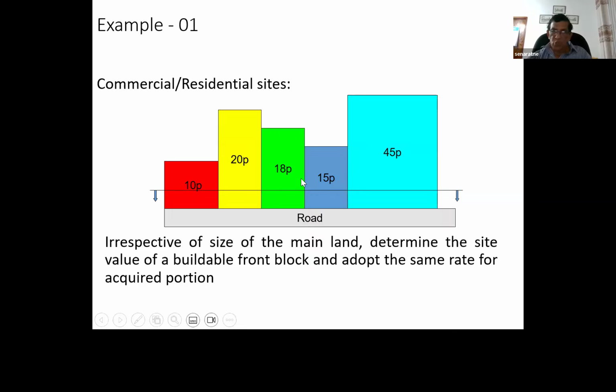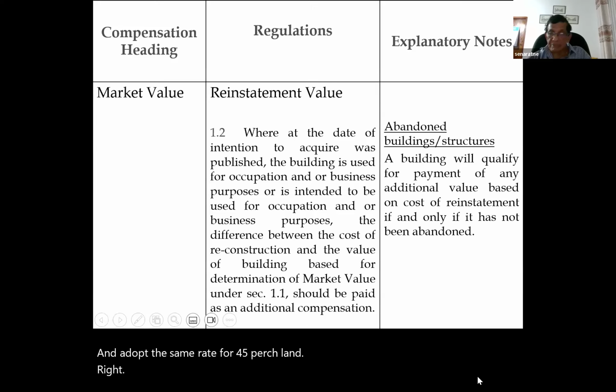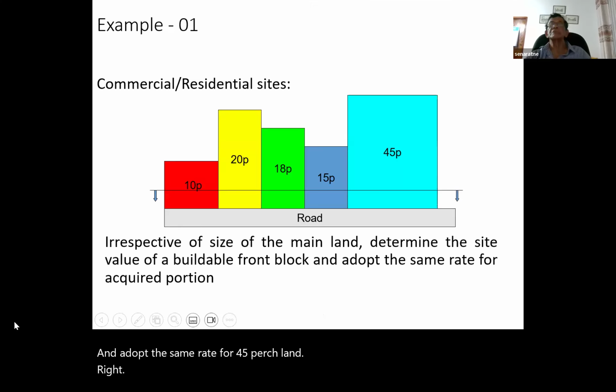As valuation students, you know, when the extent differs, the price per perch also differs. You can't expect the rate per perch for a 10 perch land and adopt the same rate for a 45 perch land. Right? If a 10 perch land is 200,000, sometimes the value for a larger 45 perch land may be 150,000.